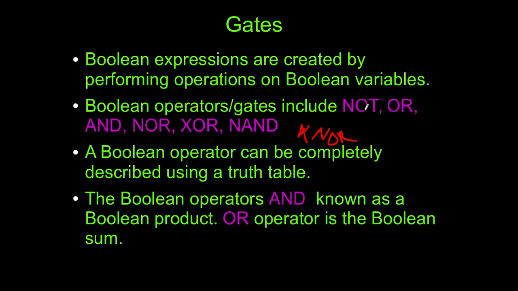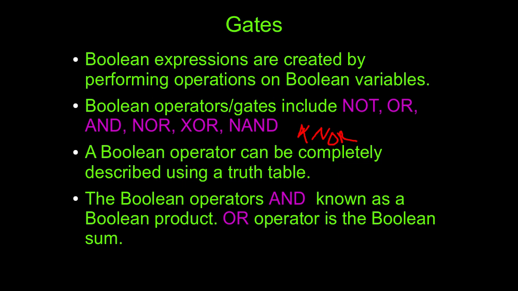A NOT, an inverter, 0 to 1, 1 to 0, an OR, an AND, an XOR, and so on. And if you saw the next slide, we're gonna take the truth table, Boolean expression, and logic diagram for each one of those.